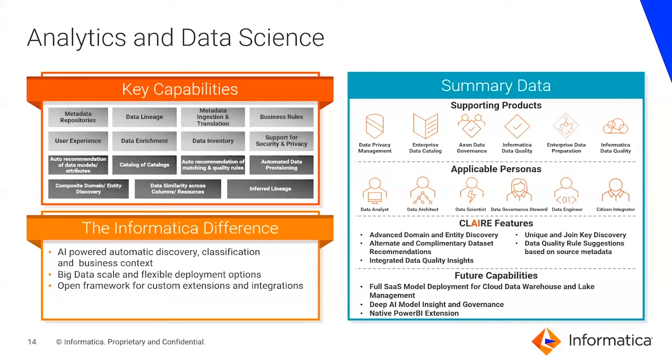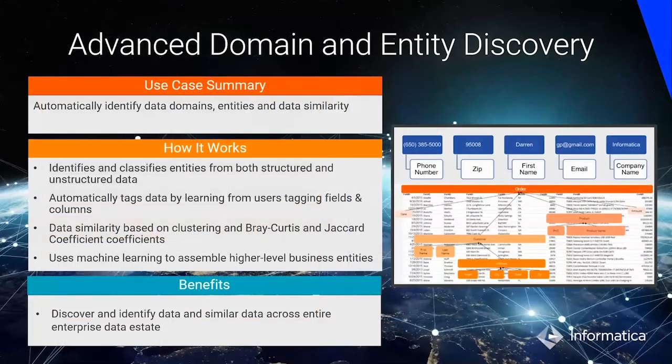So let's look at each of these in detail and how Claire helps with this use case. We'll start with domain and entity discovery. As I said, with domain discovery, we can identify key data elements for a file named file1.csv in the data lake. We can identify that it contains first name, last name, address, location, and all of that information, not only at the element level, but at the entity level.